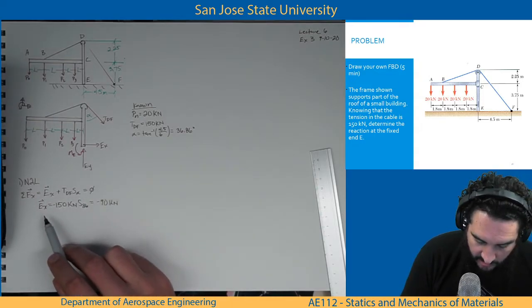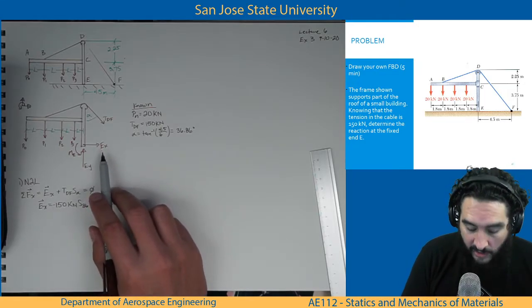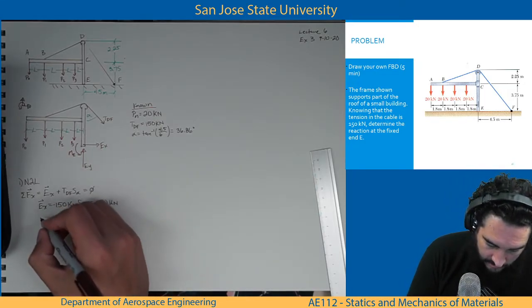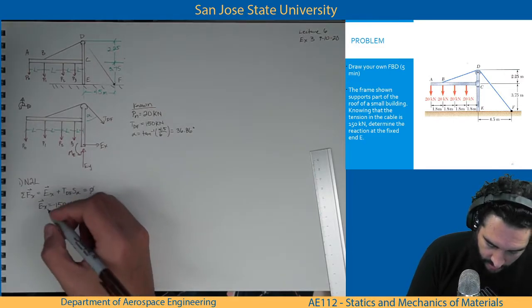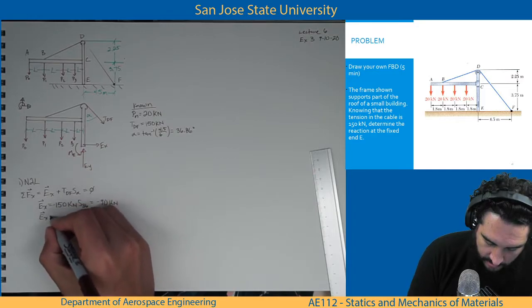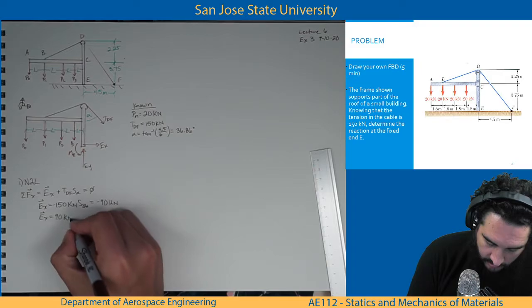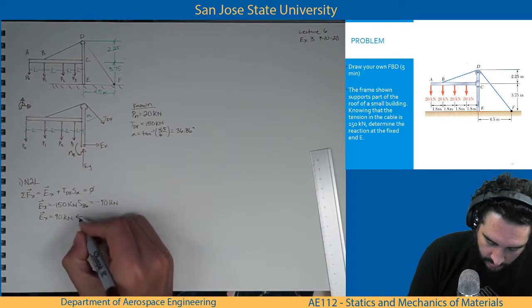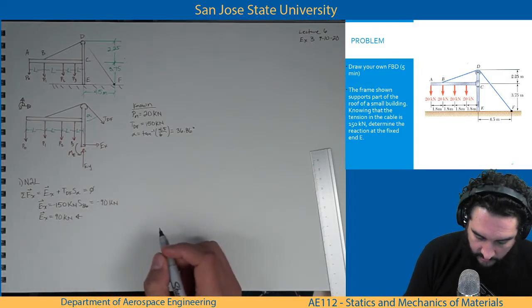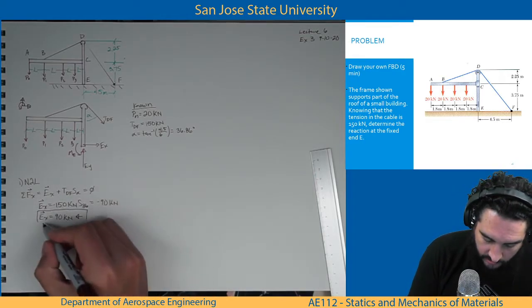Okay, and all this means is that EX is drawn in the incorrect direction. I assumed that it was to the right. It is not. So I will report the answer as EX is equal to 90 kilonewtons to the left. And that will be part of our answer.